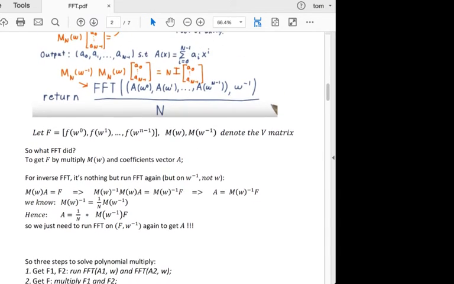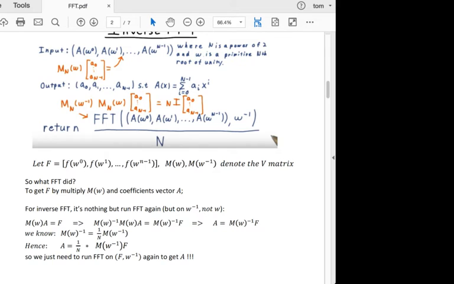So let's recall what FFT did. The input is a vector of coefficients, and another one is omega, of course, the root of unity, and the output is the value domain.